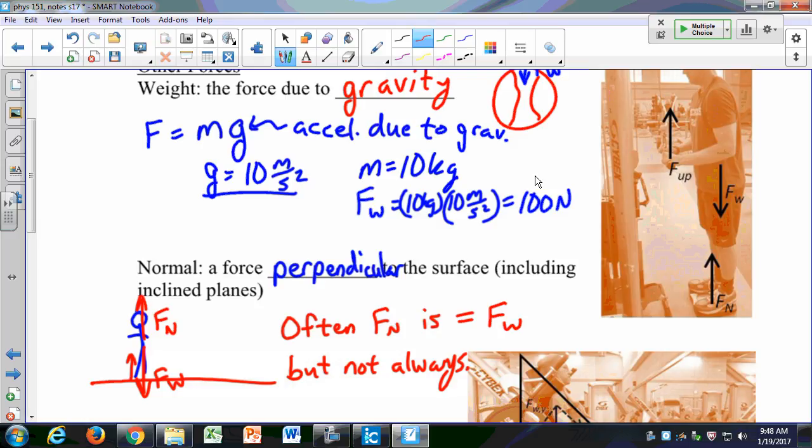Are y'all in a group? Okay, a group of five, so you need to grab three more people. Y'all want to join these two ladies? Or you already have a group of five? Okay. You might need to take on somebody else. Awesome. All right, so y'all go grab a scale, and you're going to show some ways that you can change your normal force.